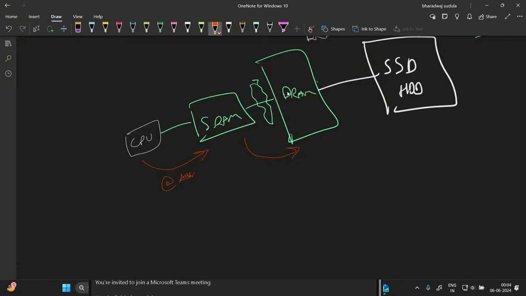In DRAM, instead of picking out that particular address data and sending it to SRAM and then to the CPU, first it will send the actual required data to the CPU. Since we have this word line activated, the entire row of cells can be accessed because the word line is on.